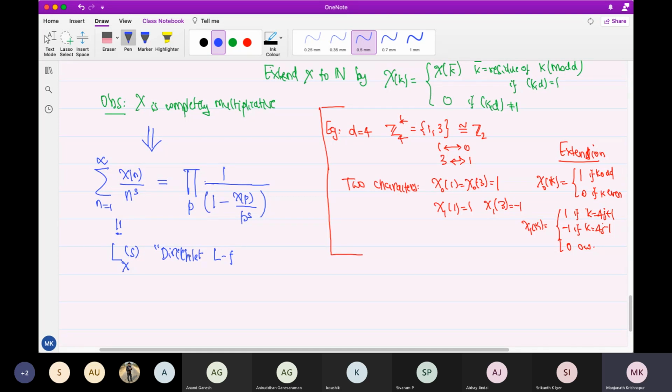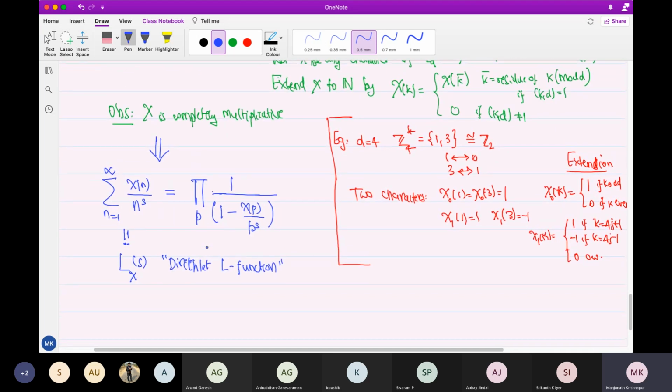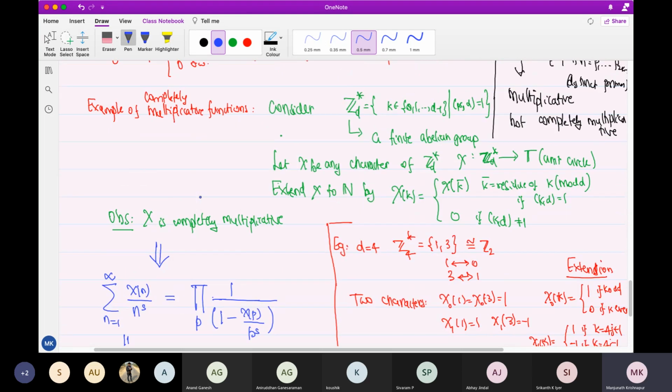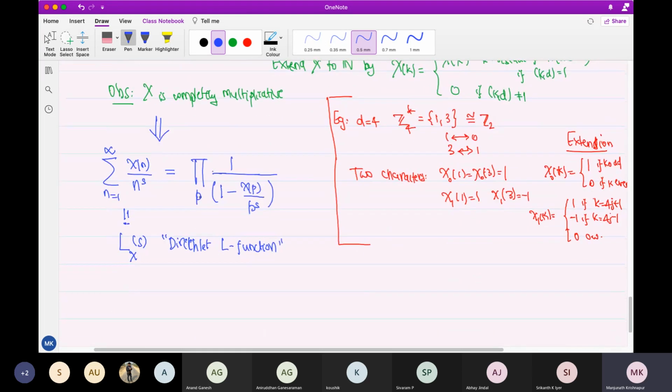But this is what is called the Dirichlet L function. So again, I have to come back to convergence issues, but we have this product form. Any questions here so far?